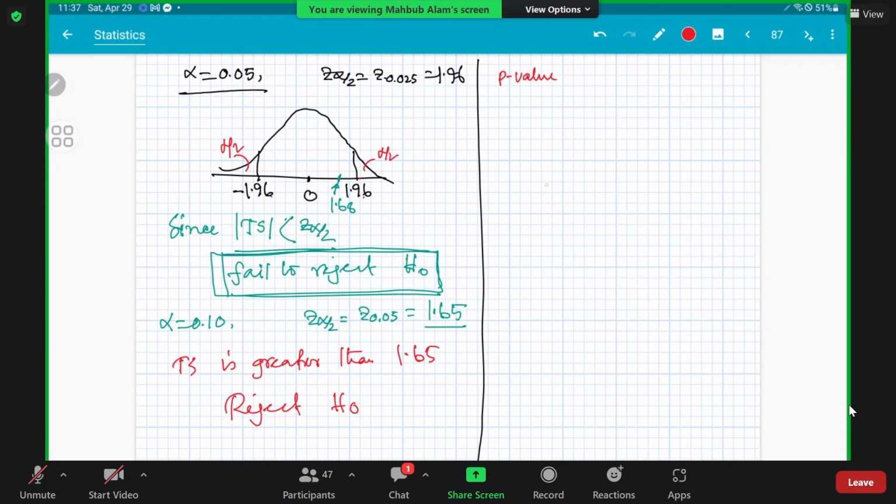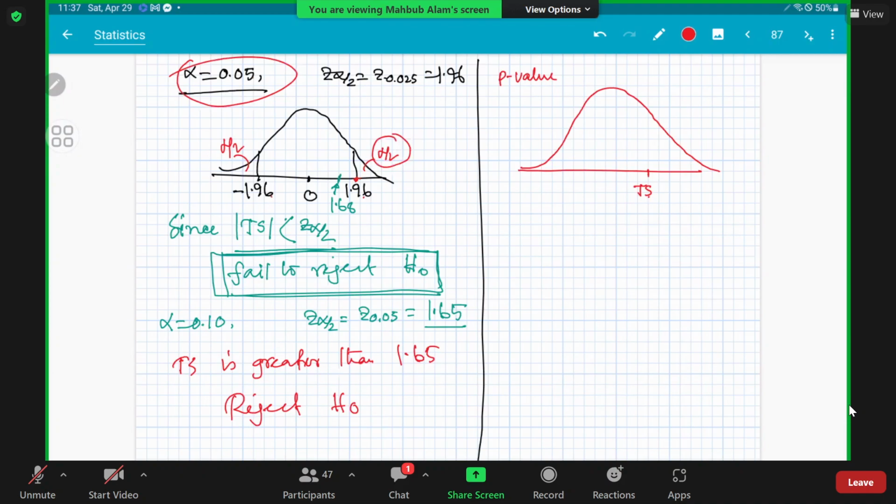How is it found? Whenever you have the test statistic right here, TS, just consider the scenario in the left-hand side figure. We compare this TS with the critical value that is defined from alpha, or more specifically, alpha by 2.